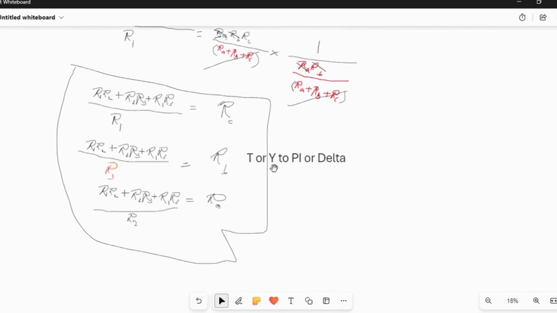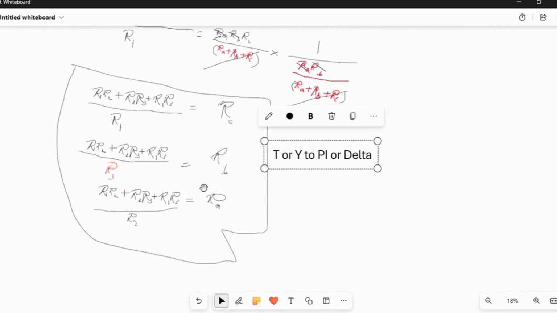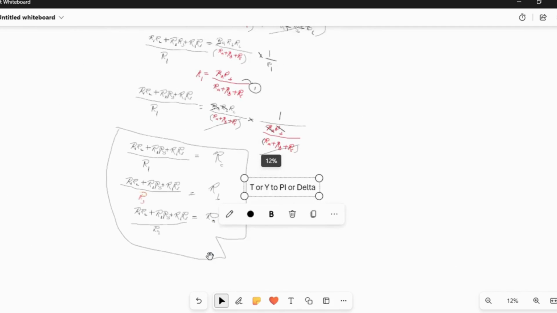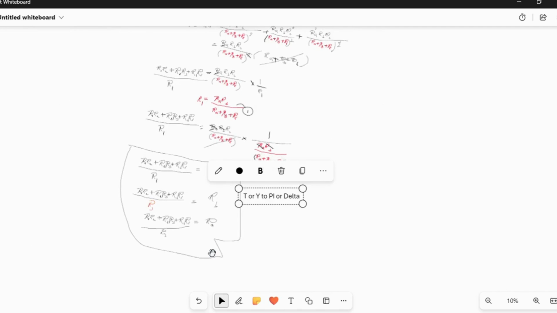So this is the transformation formula. So now let's move to an example to make it clear.